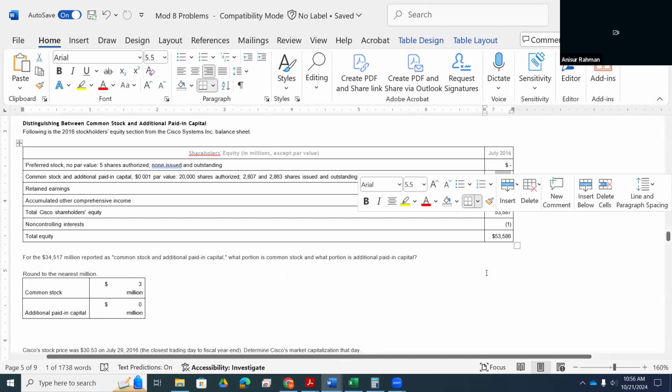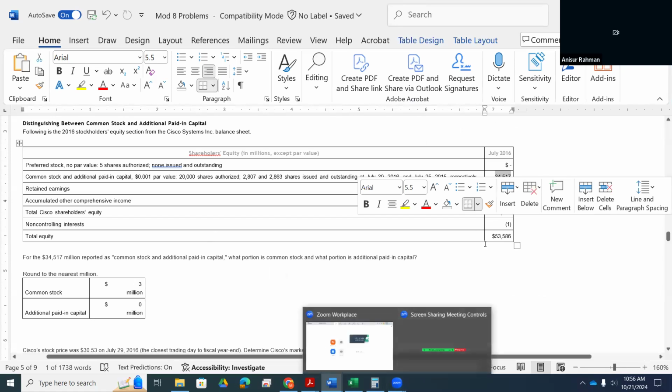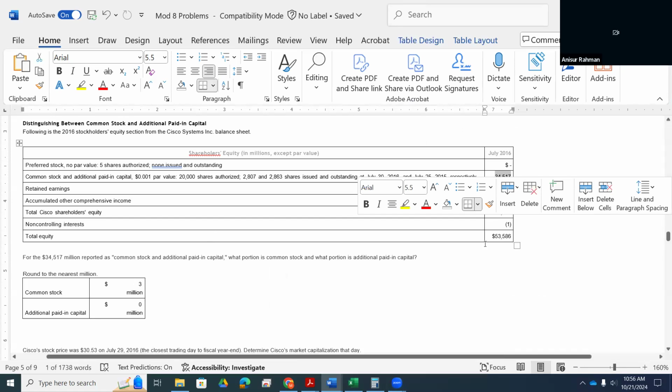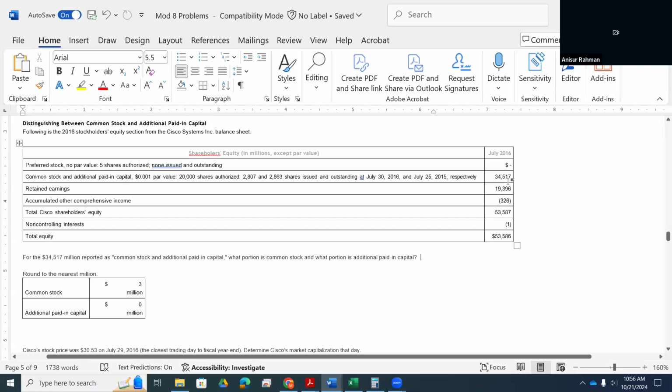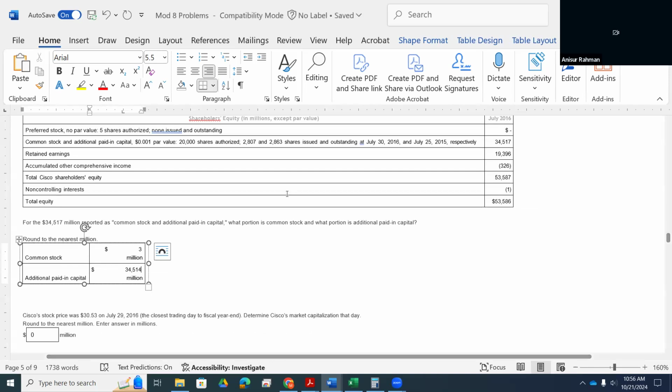So you have to subtract 3 million from here, which will be 34,514. So that is easy.